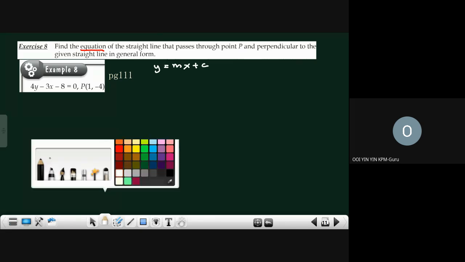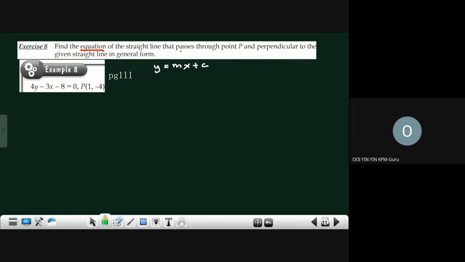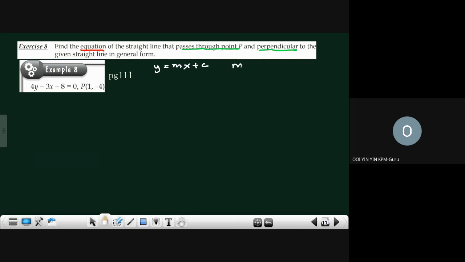And then what more information is given is that it passes through point P and perpendicular. Okay, the word perpendicular, you must know that your M1, M2, when multiplied together, you get -1. Okay, and then given in the general form, that means like just now, at your back there must be equal to 0.